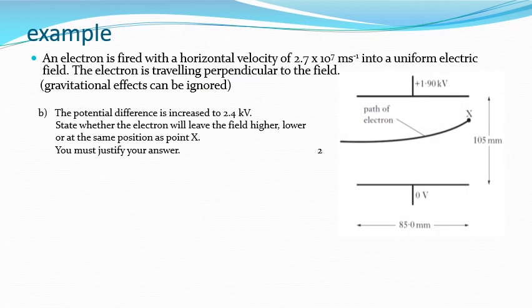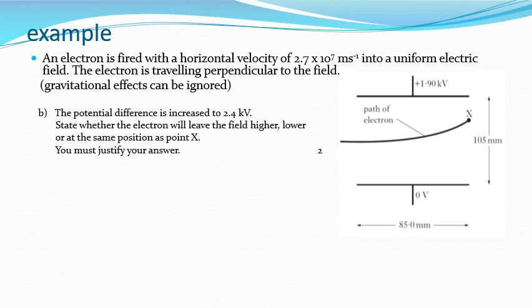And the final part we were asked to consider is if we increase the potential difference, whether the electron will leave the field higher or lower or in the same position. So what is happening? Well, let's consider our earlier answers. The first thing we did is we worked out the time. So the time is going to be the same in this case.